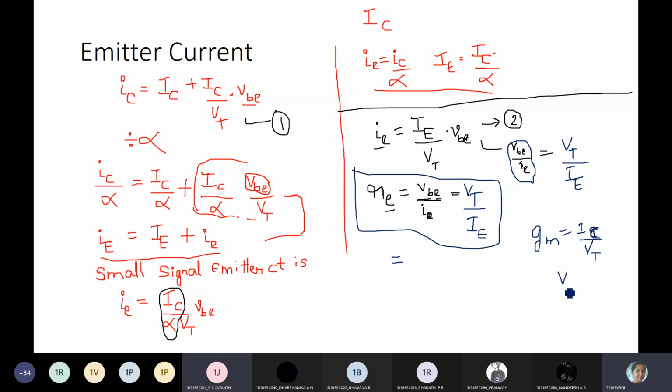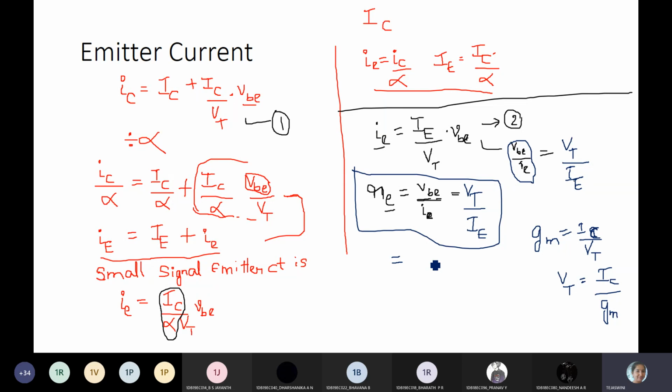IC by gm. This is the alternate formula, because sometimes you may get a problem with other specifications, and you have to be able to solve the expression for RE.